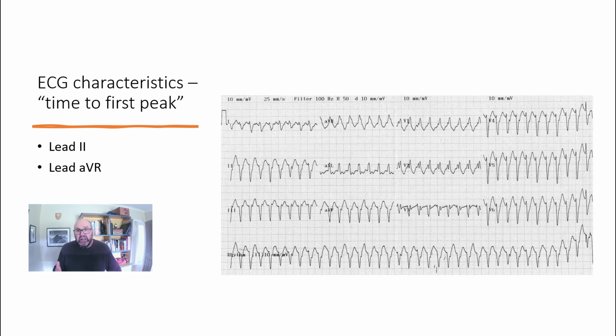If it was, the initial phase of the QRS will reflect the speed at which the superconduction highway of the common bundle and bundle branches will distribute the wavefront to the Purkinje system. When VT occurs, it is more likely that the initial depolarization does not engage the common bundle. Instead, we have that slow cell-to-cell depolarization, and the evidence of this is that the initial deflection of the QRS, that is time taken to form the first peak, will be greater than 40 milliseconds.